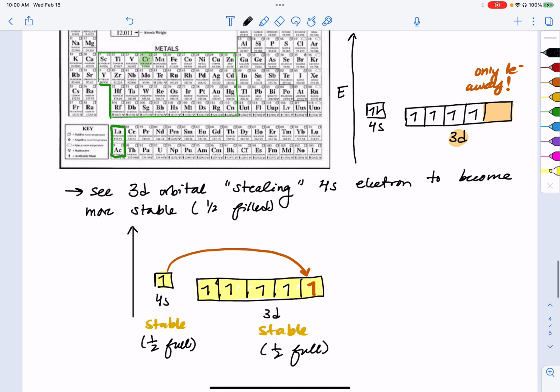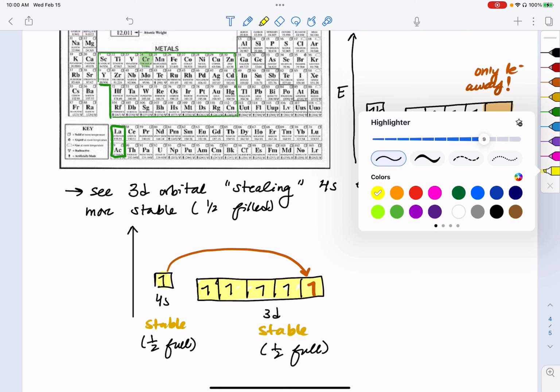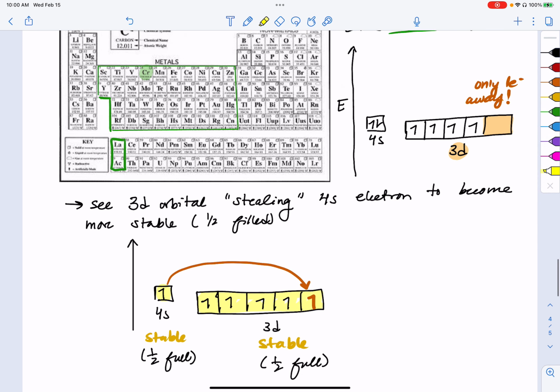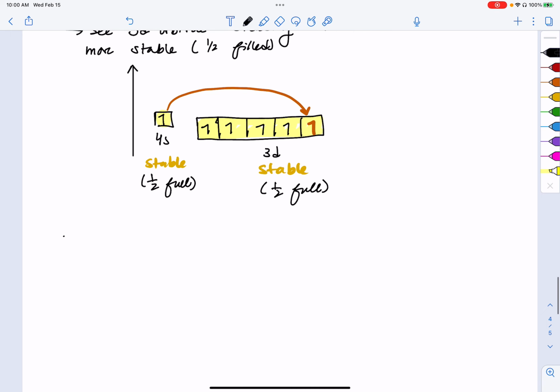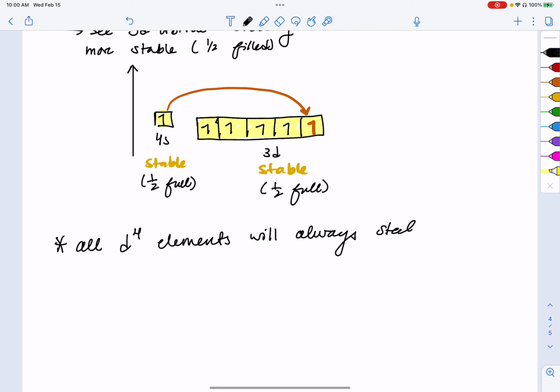So any d orbital that Aufbau predicts would have a d4 will always steal an electron from the prior filled s.